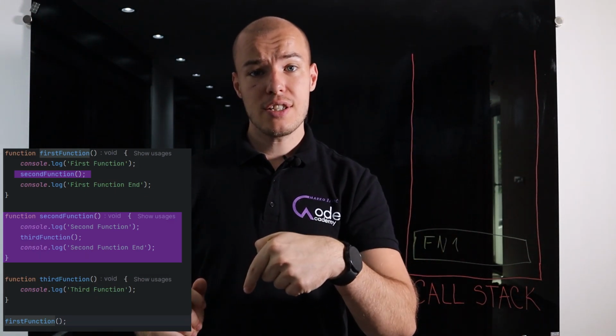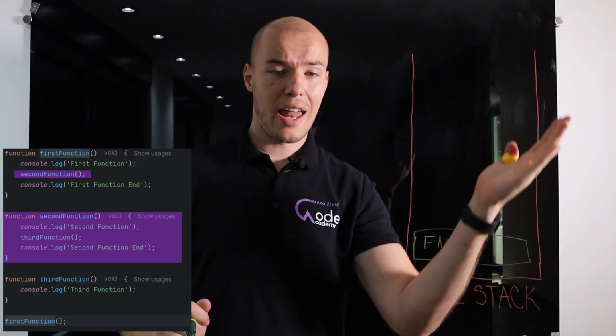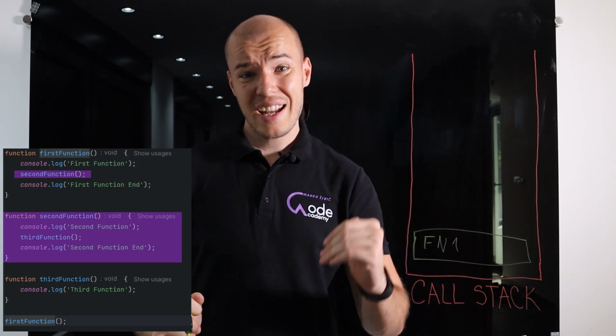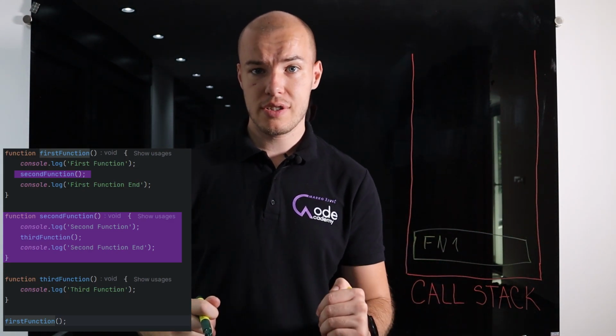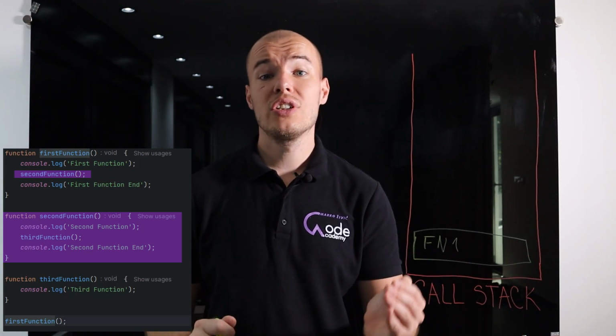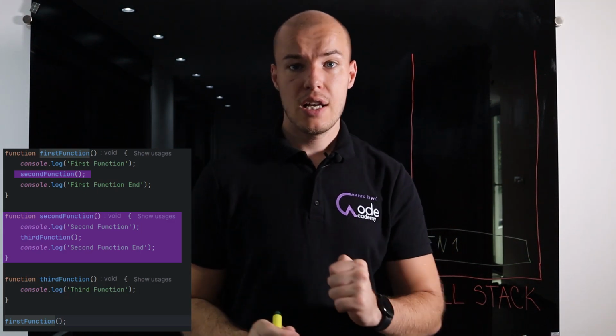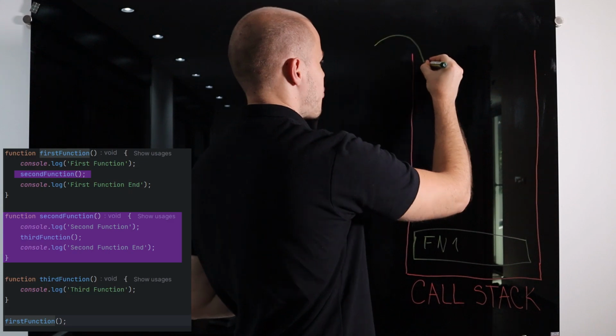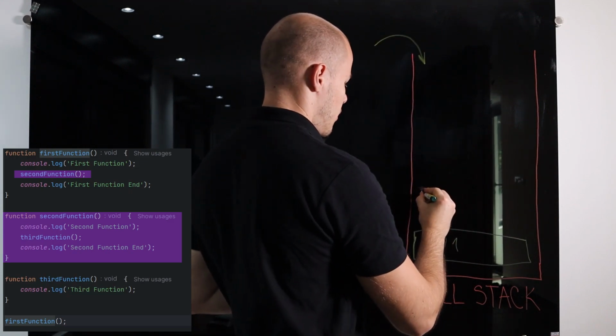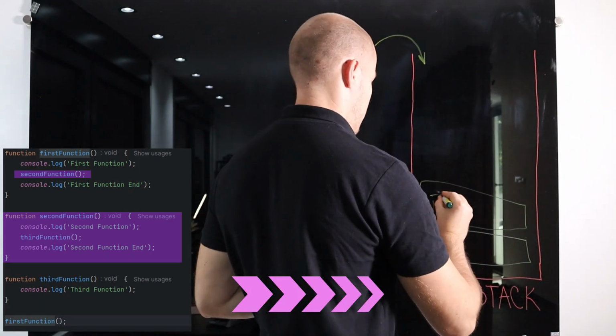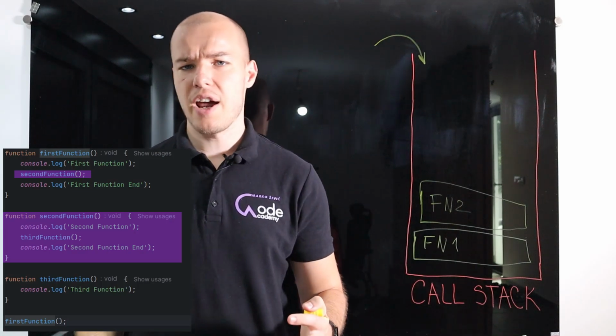So that means that the stuff that goes in first is going to get out last. And now that we are pushing the second function onto our call stack, it will be put on top of the first function. So basically, it will be dropped on top of our function 1. Such a beautiful handwriting, right?